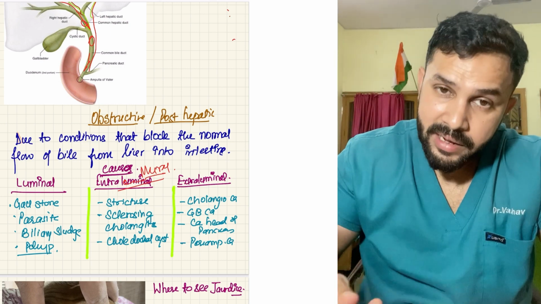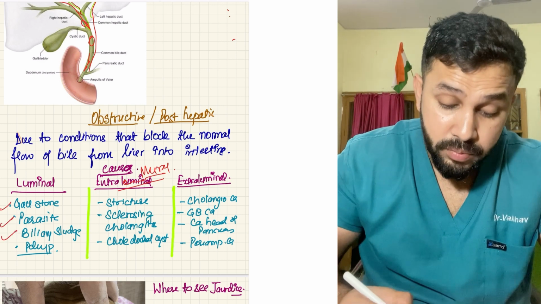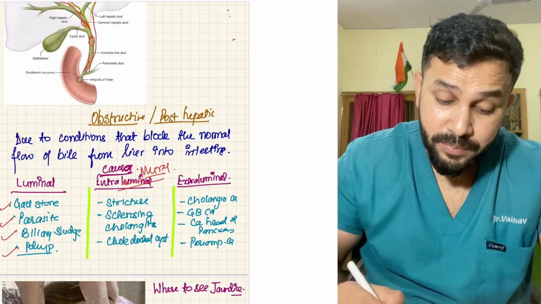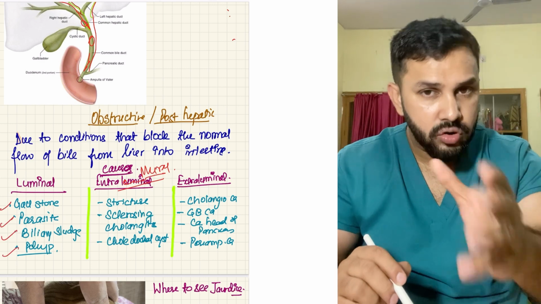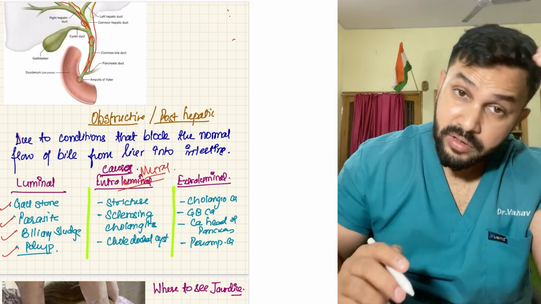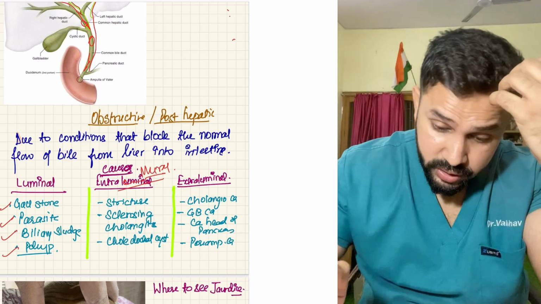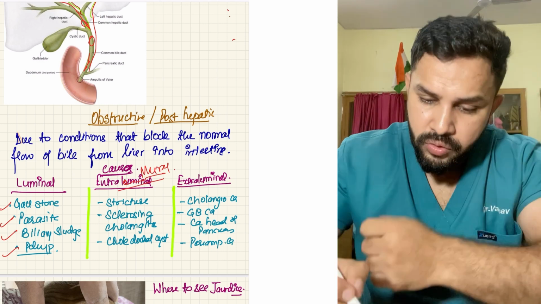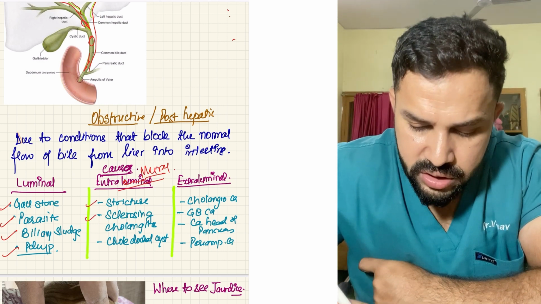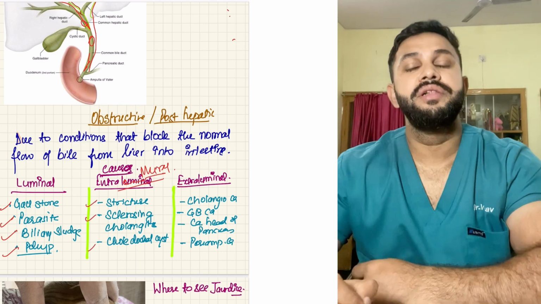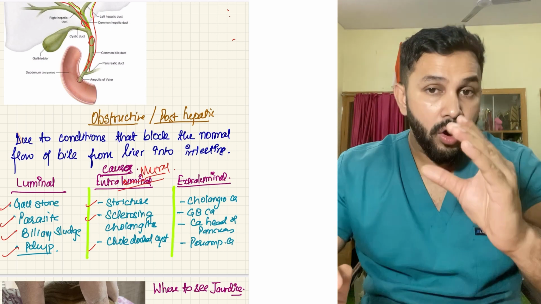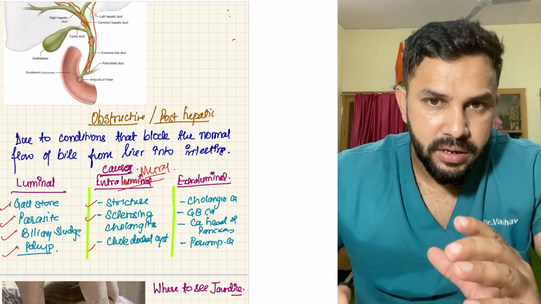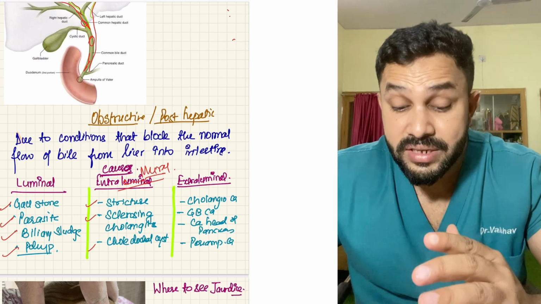So luminal can be, as I told you, gallstone, parasite, biliary slush, polyp. These all things can cause obstruction in the flow of bile and cause jaundice. Other are the mural. Intramural means stricture, sclerosing cholangitis, choledochal cyst. All of this is in the wall of the CBD, and this is causing this.